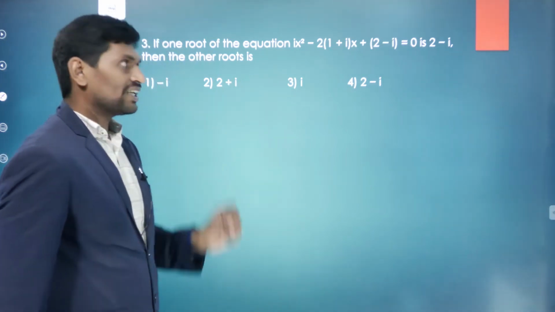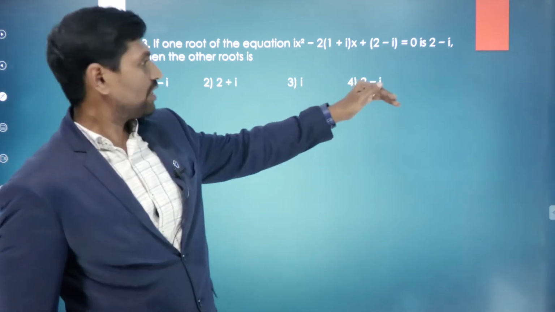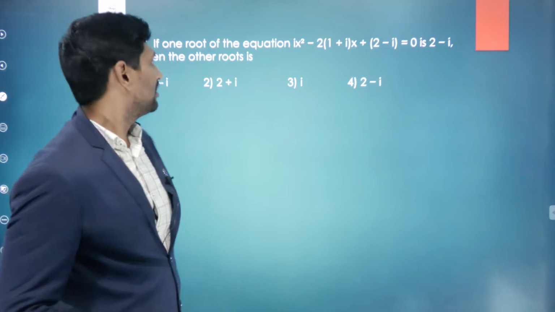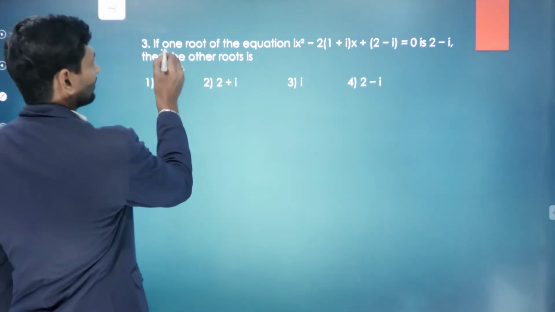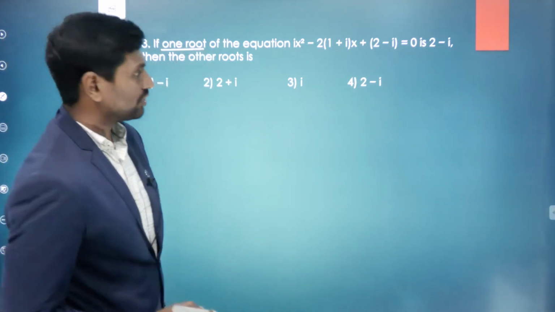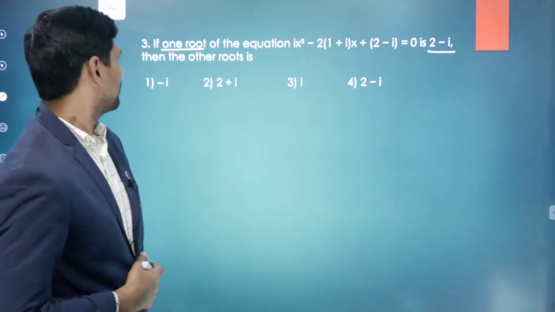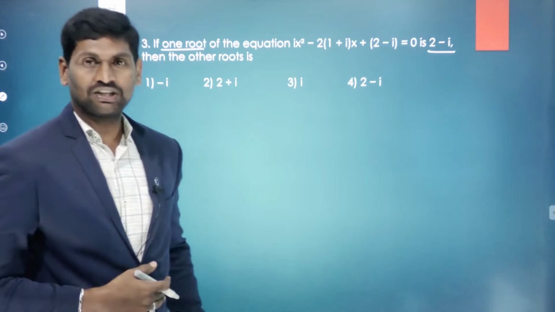Roots are nothing but the solutions of the quadratic equation. Here one of the roots is 2 minus i, and we have to find the other one.